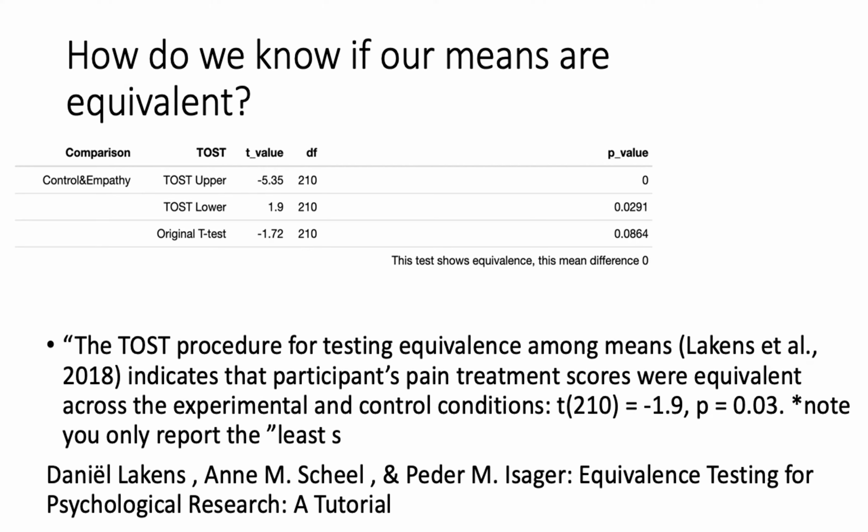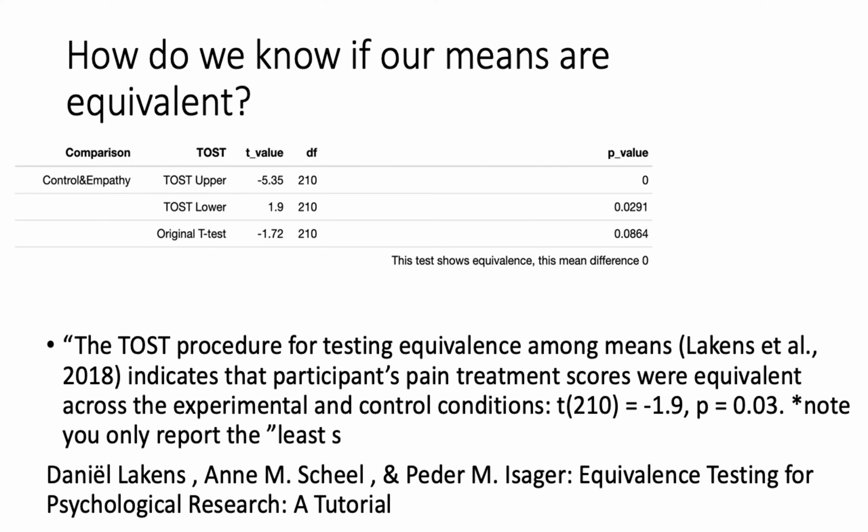TOST of the lower limit, the t-value is 1.9, the degrees of freedom is 210, and the p-value is 0.03. The original t-test is presented on there and it's non-significant. You can see that. And you can see the solution, right? The take-home: this test shows equivalence. This mean difference is 0, essentially. So these two means are the same.